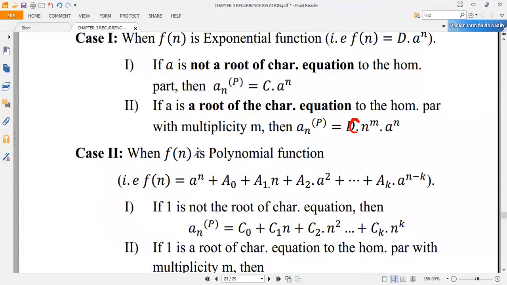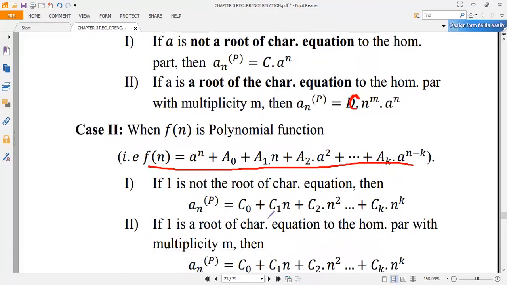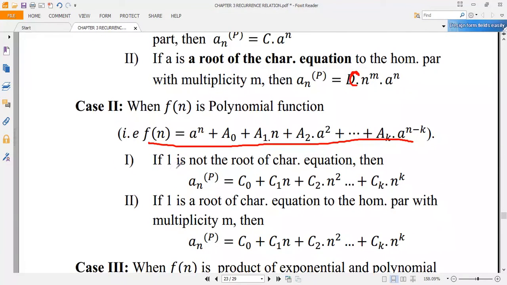And the other one is when the function Fn is a polynomial function in the form like this one. If it is of this form, then it has two cases. If one is not a root of the characteristic equation of the homogeneous part, then the initial guess will be taken as c0 plus c1n plus c2n squared up to ck n to the power of k. This one is when one is not a root.